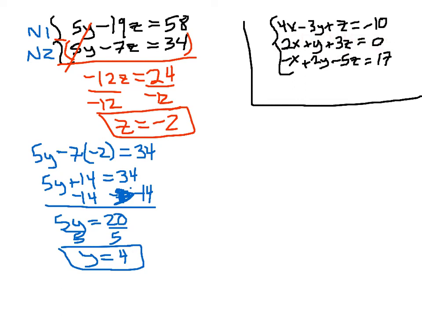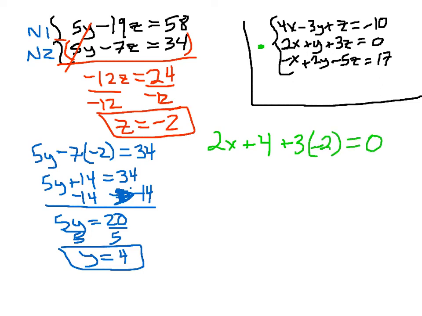So I'm going to plug z and y into this second equation. So I'll get 2x plus y, so this is 4, plus 3 times z. Z is negative 2, equal to 0.